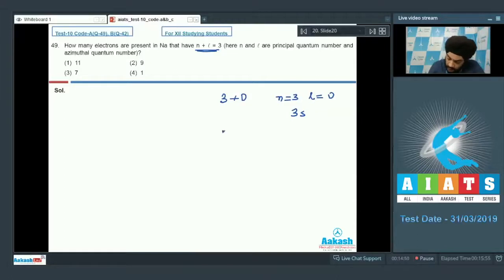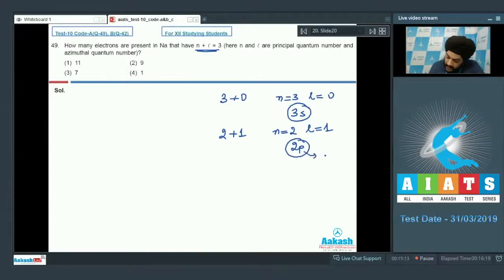If you talk about the other case, which is 2 plus 1, we have n equal to 2 and l equal to 1, which means that we have the 2p orbital. So other combinations are not possible for n plus l as there are constraints on the values which l can take. Okay.